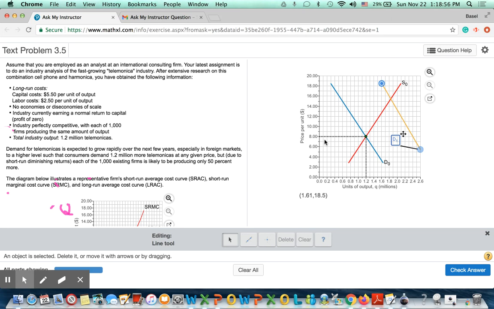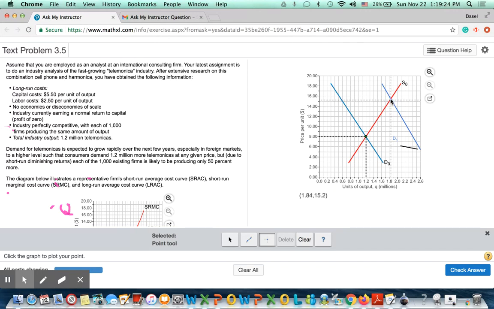Now, the short-term equilibrium is where supply intersects the new demand curve. And the reason the price goes up is because existing firms try to increase production, and as they try to produce more, marginal cost goes up.